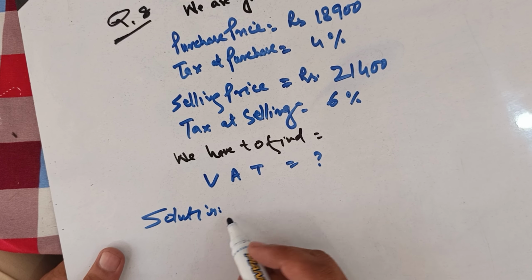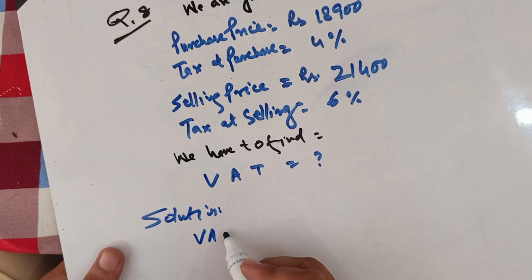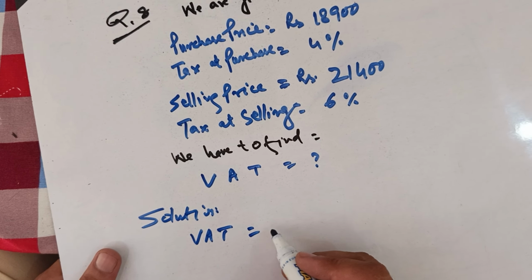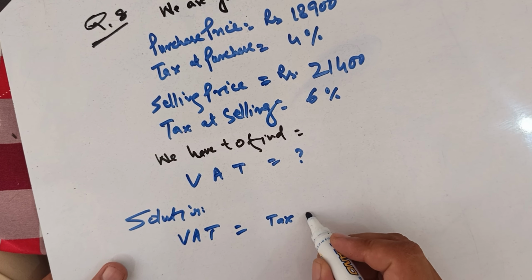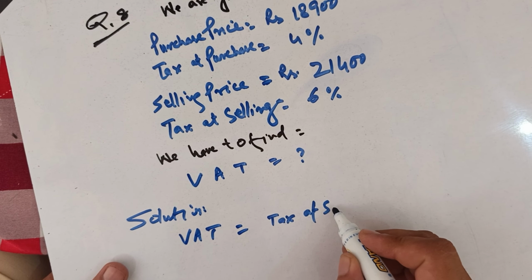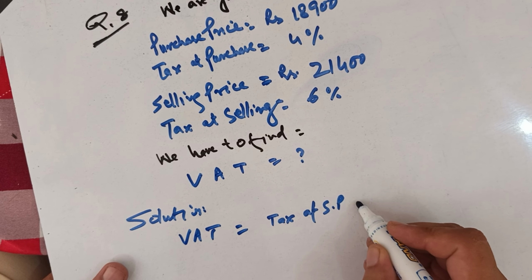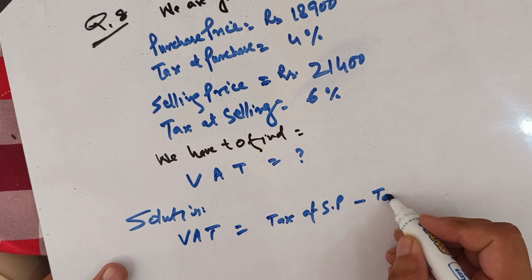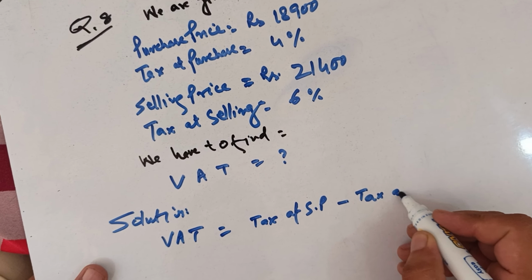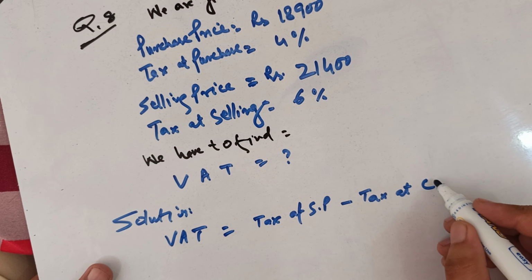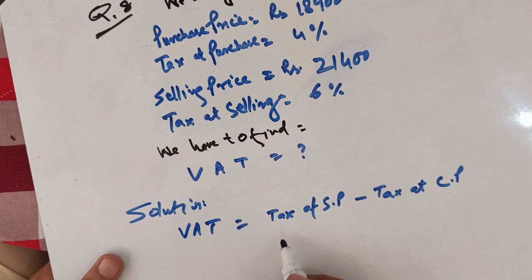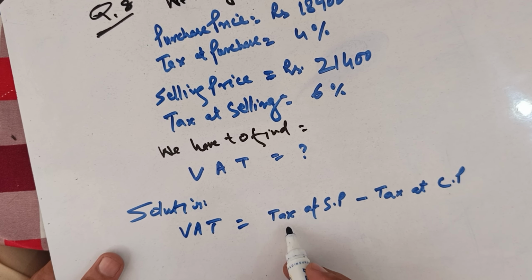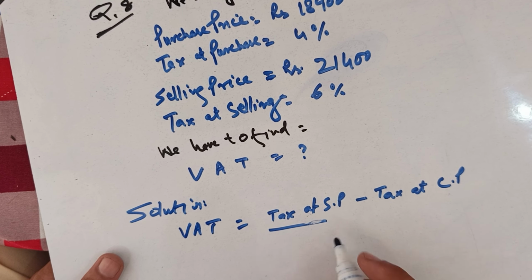Formula of VAT is equal to tax at selling price minus tax at cost price or purchase price.